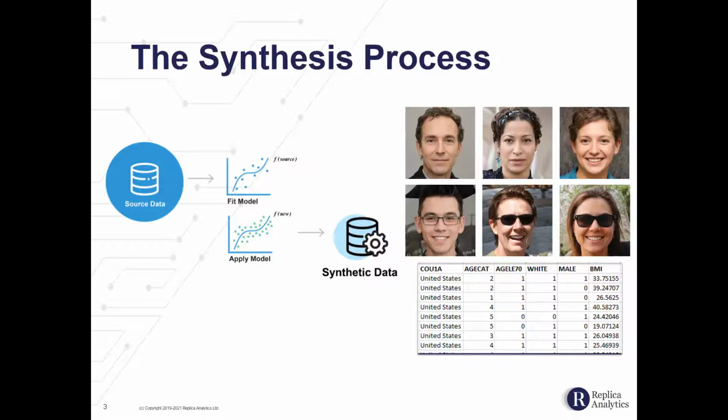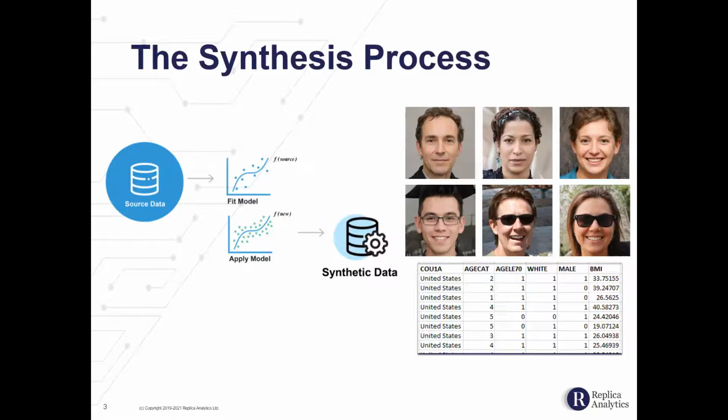This model is almost always some form of statistical machine learning or deep learning model that captures the main effects, interaction effects in the source data. And then you effectively sample from this model to create the synthetic data. So the synthetic data set is generated from the model. It's not directly derived from the source data. It's sampled from this fitted model.